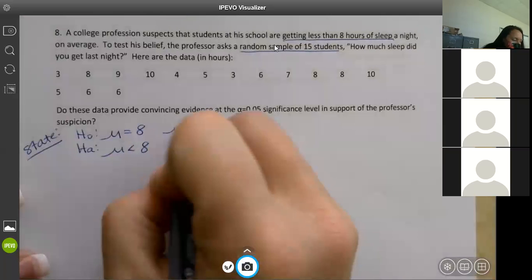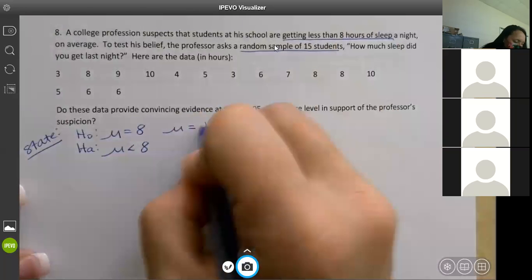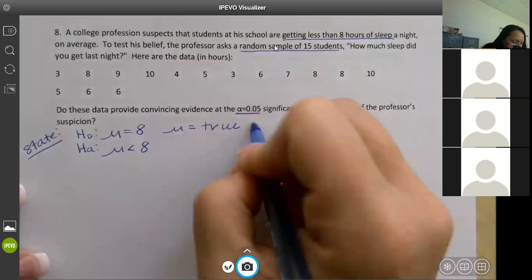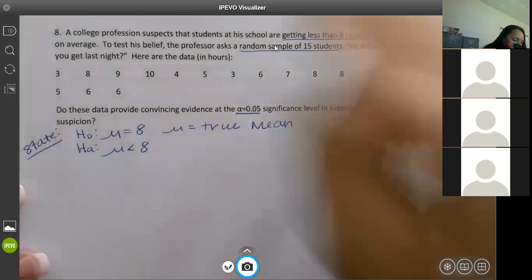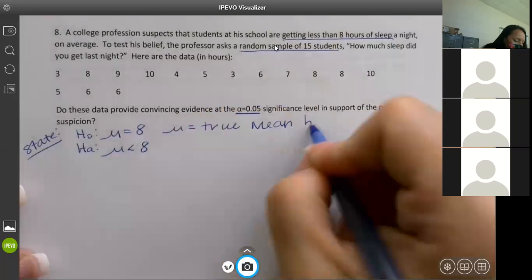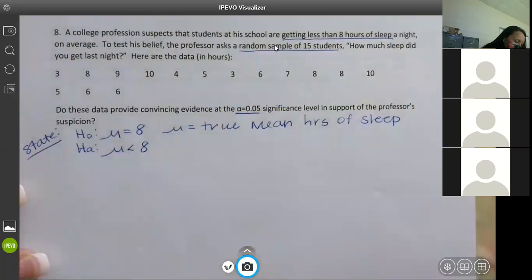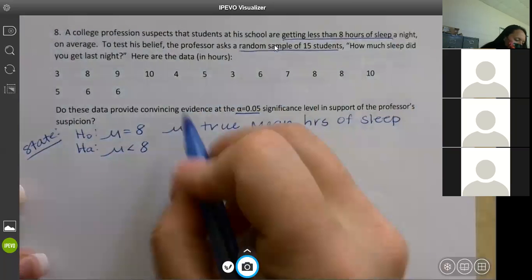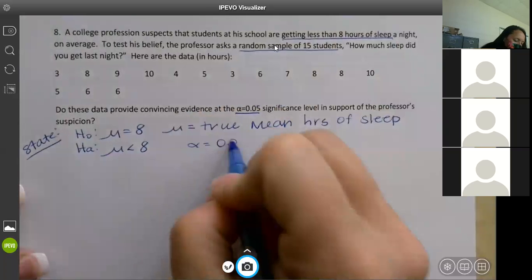What does mu stand for? Hours of sleep. And then our alpha is 0.05.